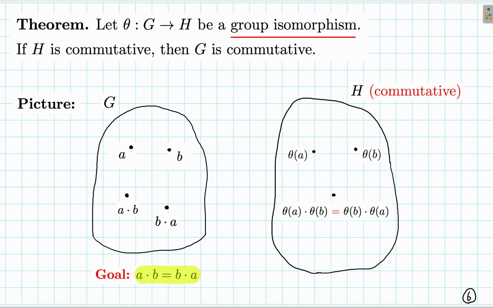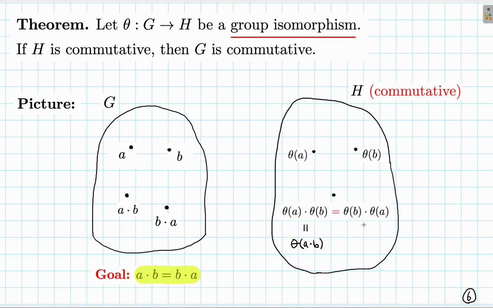But what else do we know? Well, theta, being an isomorphism, is operation preserving. And so this expression here, theta of A times theta of B, equals theta of A times B. In other words, we can multiply A and B first in G and then apply theta, or apply theta to them individually and multiply them in H, and we get the same result.